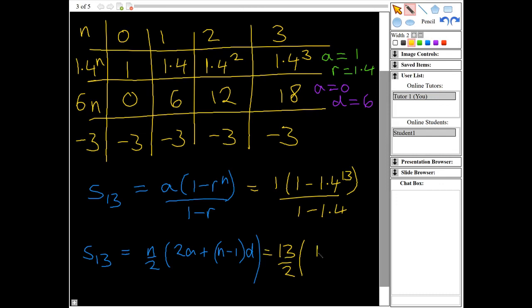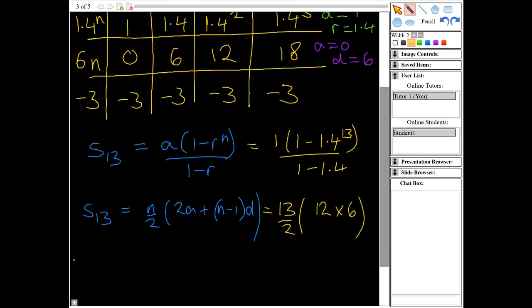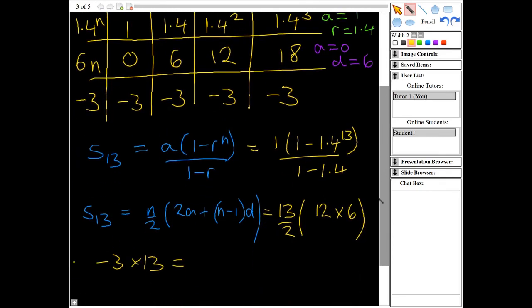N minus 1 is going to be 12, and then times 6. And then the last part, minus 3, is just going to be minus 3 times 13. So I can work out what all of those are, and then add them up, and that's going to give me the result for the entire sum.